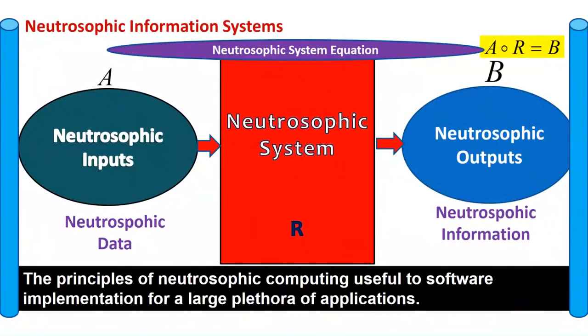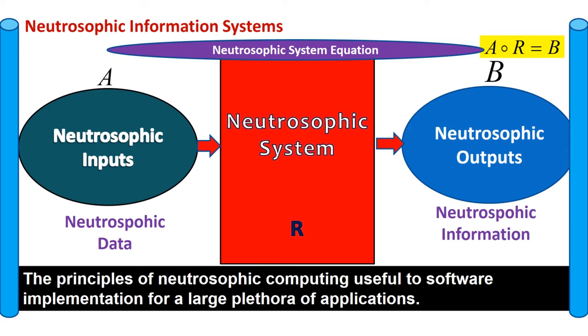Neutrosophic information system. What is the Neutrosophic information system? A Neutrosophic information system consists of the Neutrosophic system equation A circle R equals B. The principles of Neutrosophic computing are useful for software implementation for a large plethora of applications.